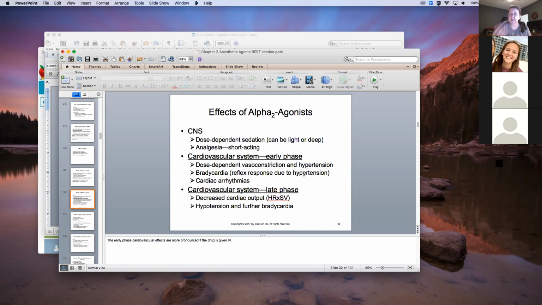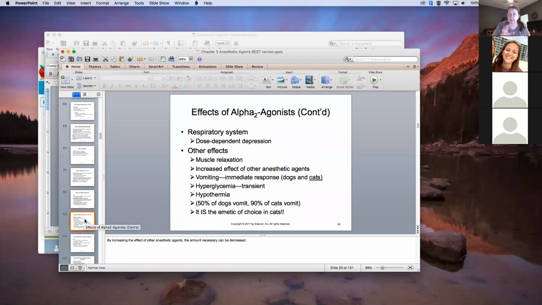When all that blood gets sent to the heart, the reflex is to slow down. It's called a reflex bradycardia due to hypertension. Now, later when that wears off, usually the heart rate does come up, but they can drop their blood pressure, so we just keep an eye on it.